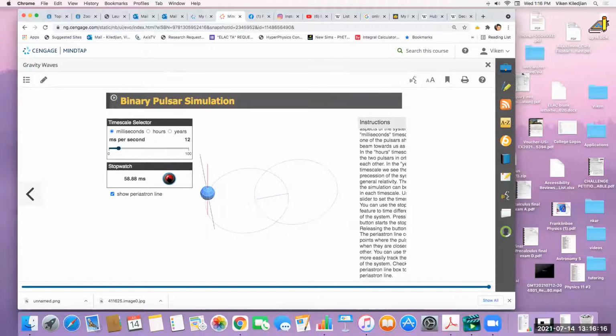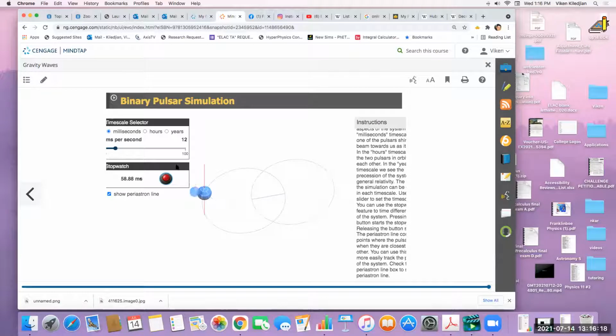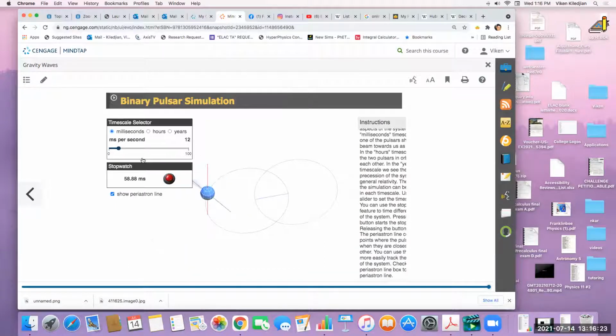Okay. So 58.88. Now, if I go slower, is it gonna be easier to do the timing? It might be easier. Yeah, I think that's better.